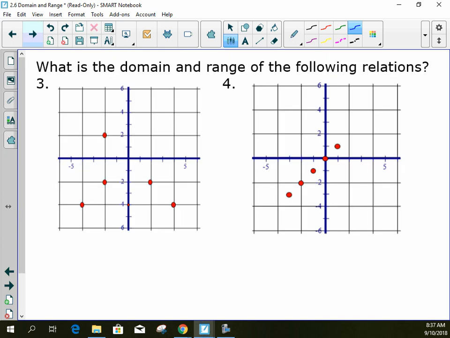Same thing here. Domain and range. I have an x and a y value. So I'm going to write domain d equals, r equals. My domain is which value, x or y? So I'm going to start from right here on my x-axis. So yes, I have a -4. Then I go over this way.